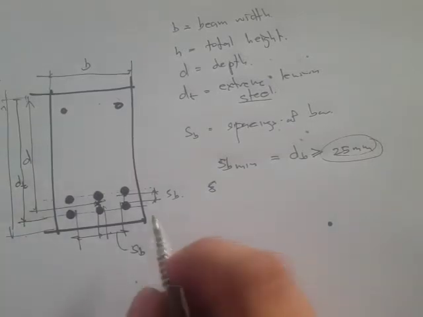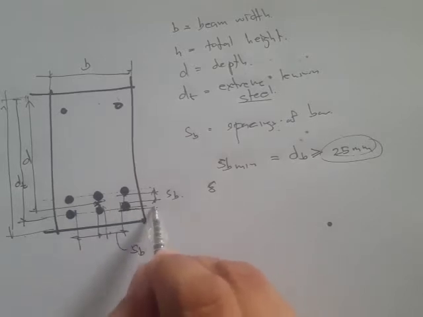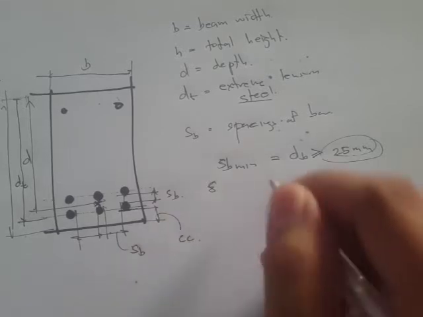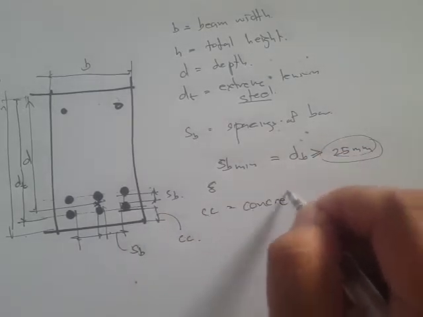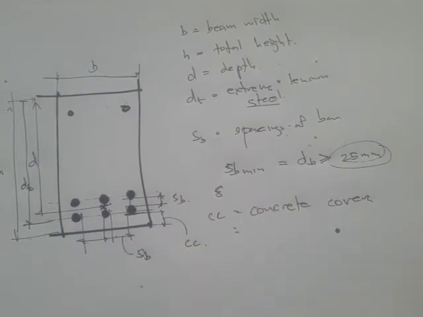Okay, what else? The distance from this face of the steel reinforcement to this bottom face, that's what we call the concrete cover. Concrete cover is actually protection to the steel reinforcement, for example protection from environmental conditions.